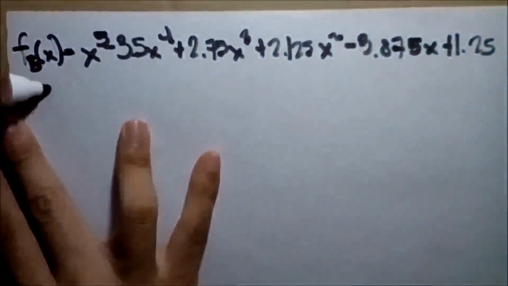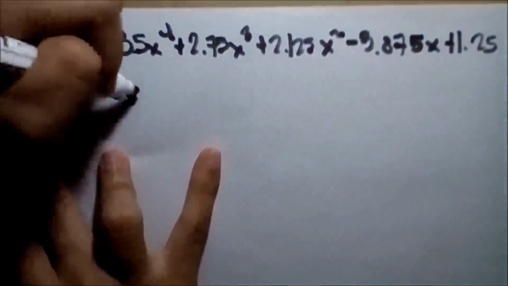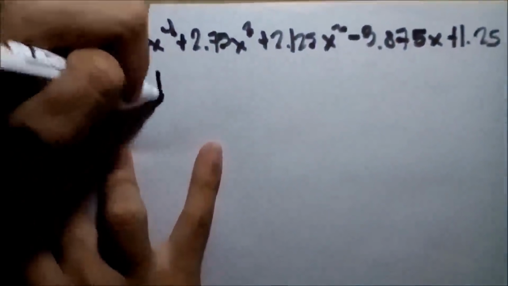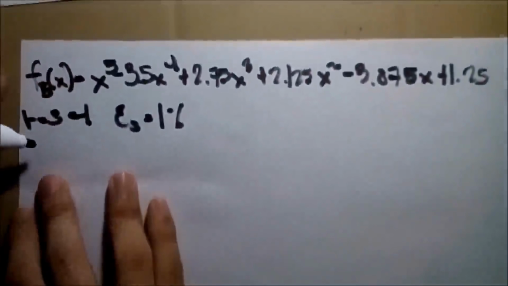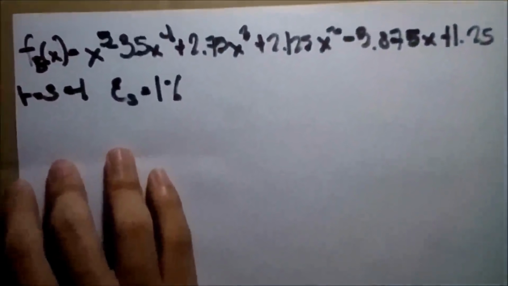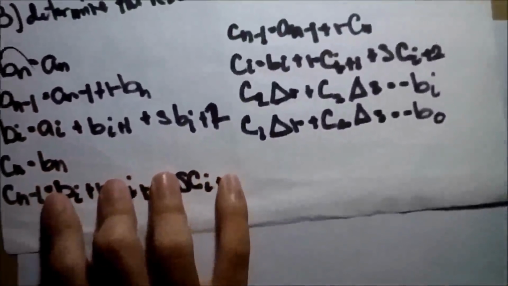The r and s will be negative 1 and the E sub S, or the error, will be 1%. First, we must get the b variables.